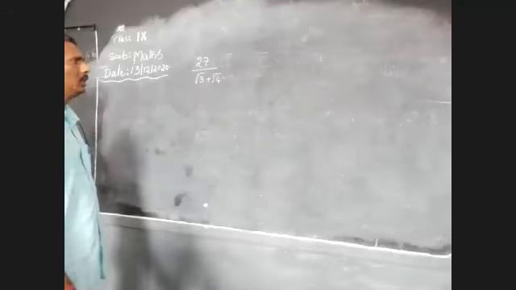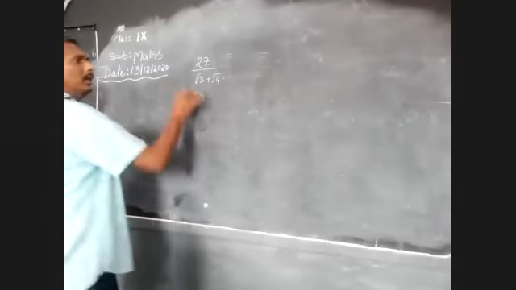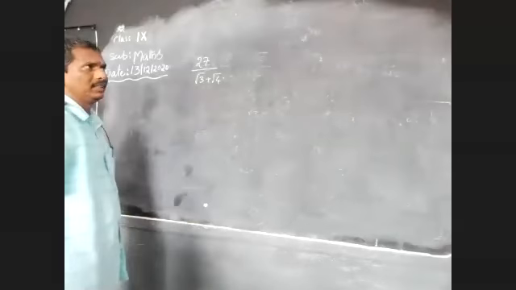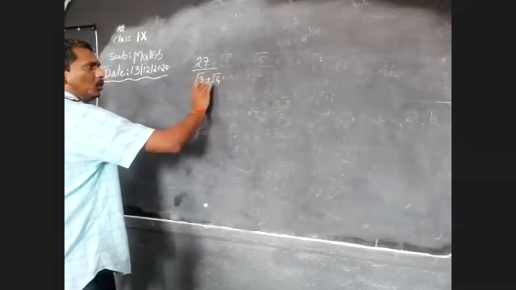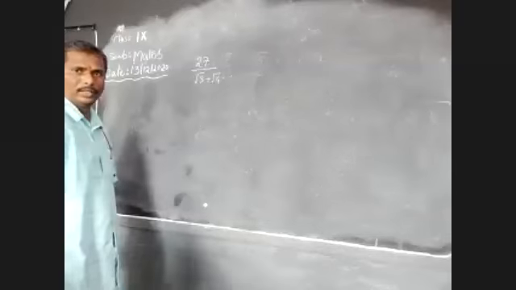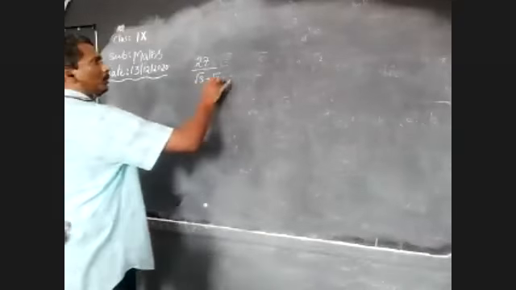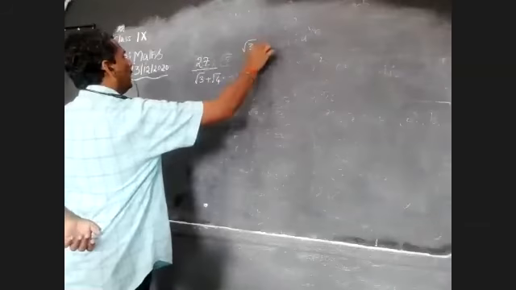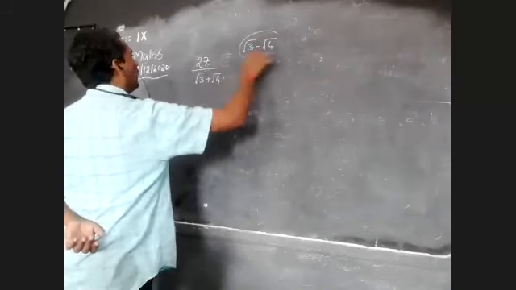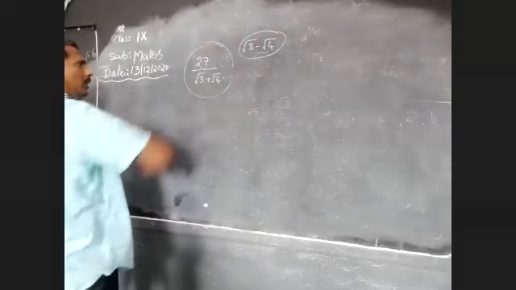Rationalizing the factor. What is given in the denominator? Root 3 plus root 4. What is the rationalizing factor here? Root 3 minus root 4 is the rationalizing factor of this one.